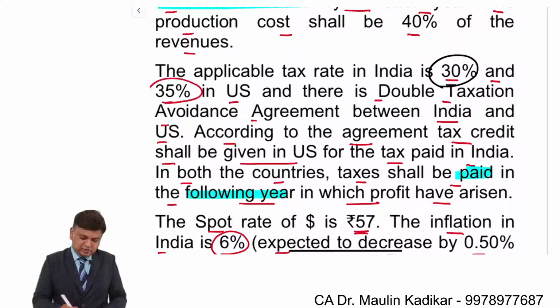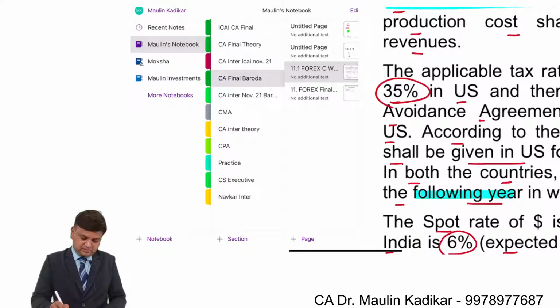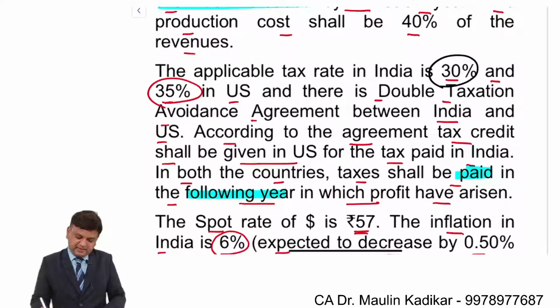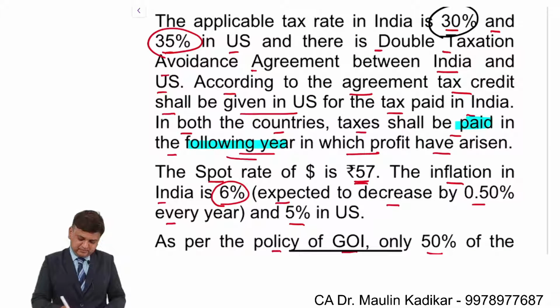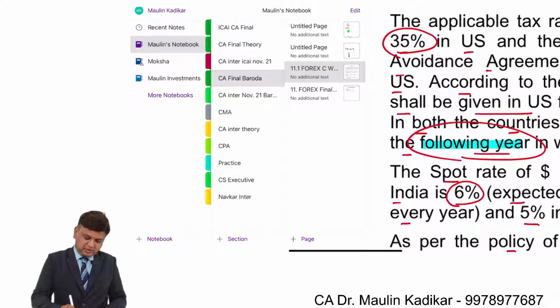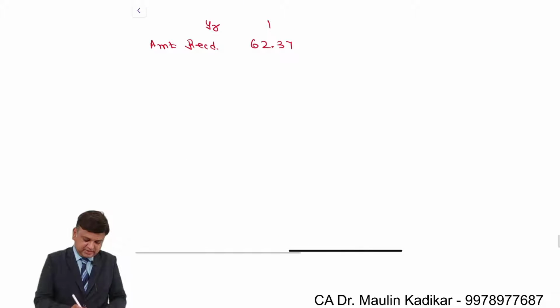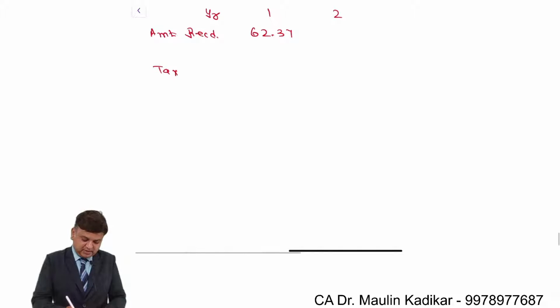What is the rate at which you have to pay tax? 35%. Again, it is required to be paid in the subsequent year. So what will happen, dear students? Tax. In the second year, you have to pay 62.37 into 0.35.